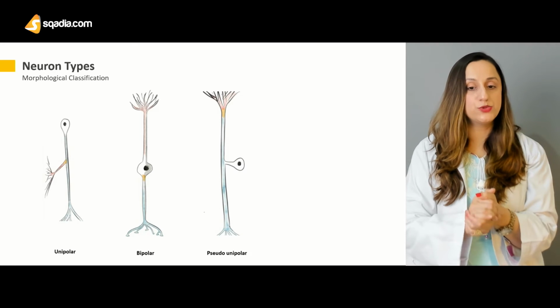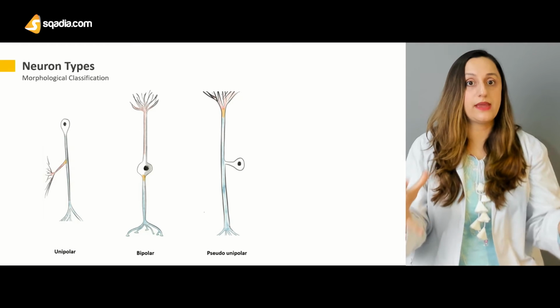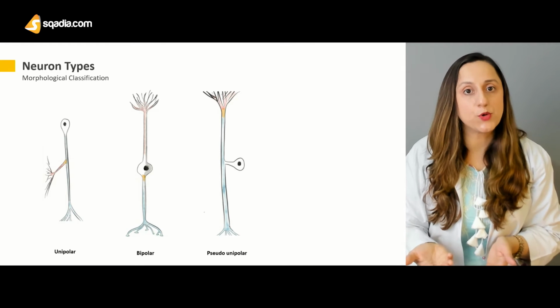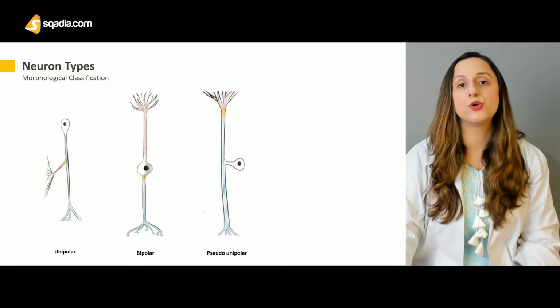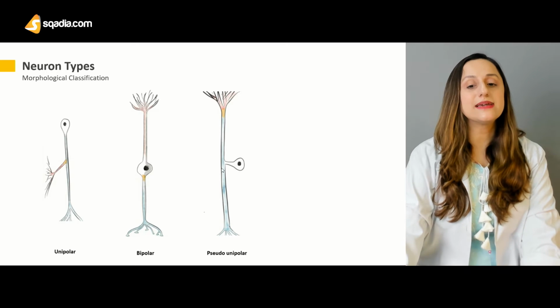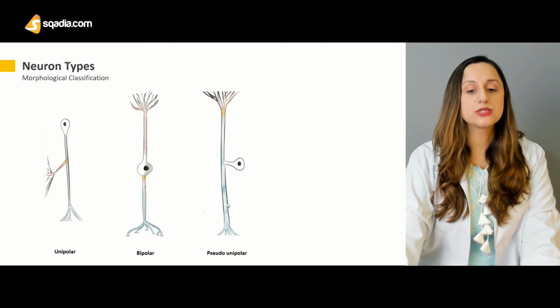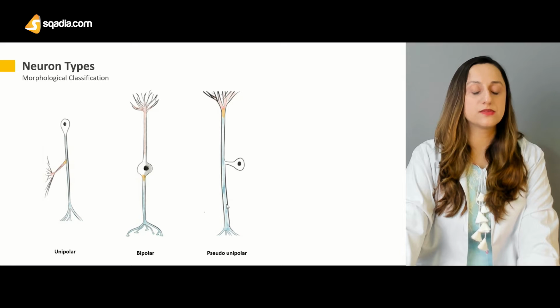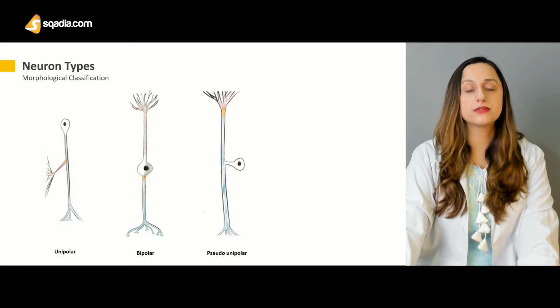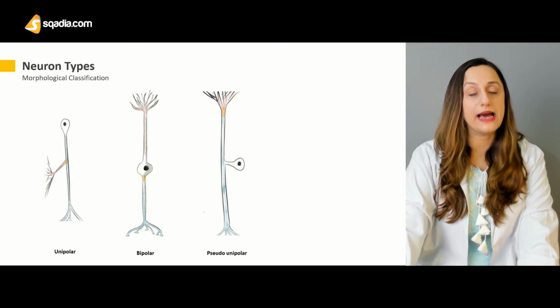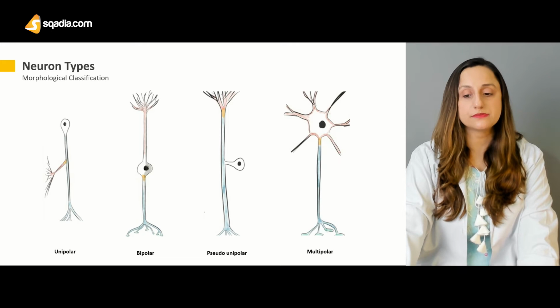Now, looking at a pseudo-unipolar neuron on a broader view, you might think that this is a bipolar neuron, but it is a pseudo-unipolar neuron because only a single axon is coming out and is subdividing into two axons. So this subdivision is why it is known as the pseudo-unipolar neuron, and this is the basic difference between the bipolar and the pseudo-unipolar neuron.